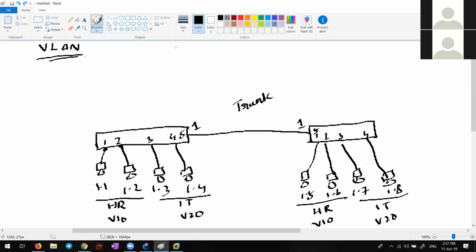Trunk ports carry by default all the VLANs configured in a switch.